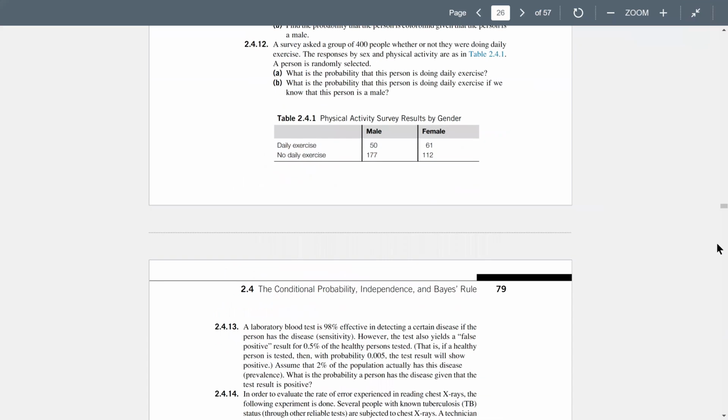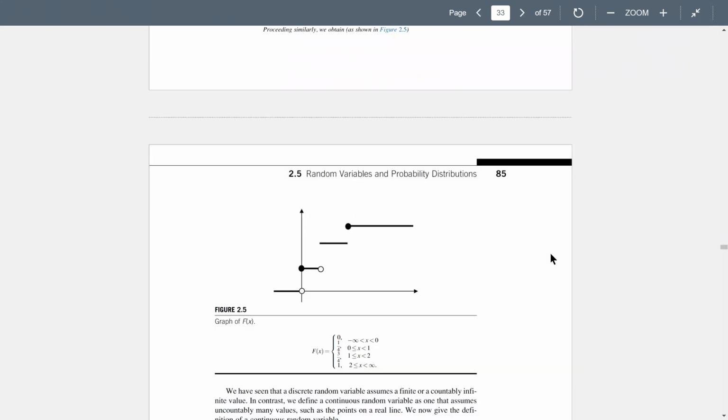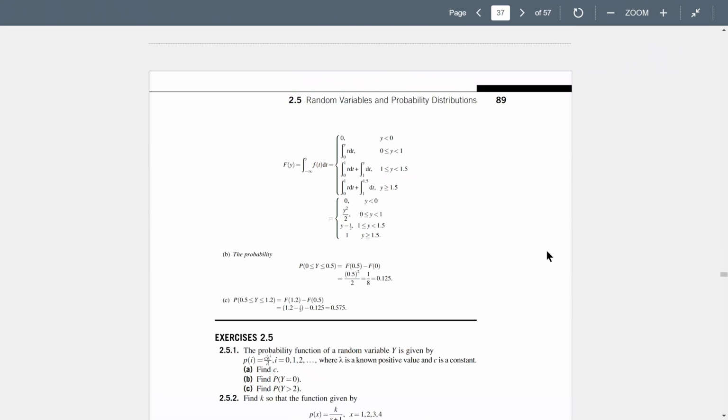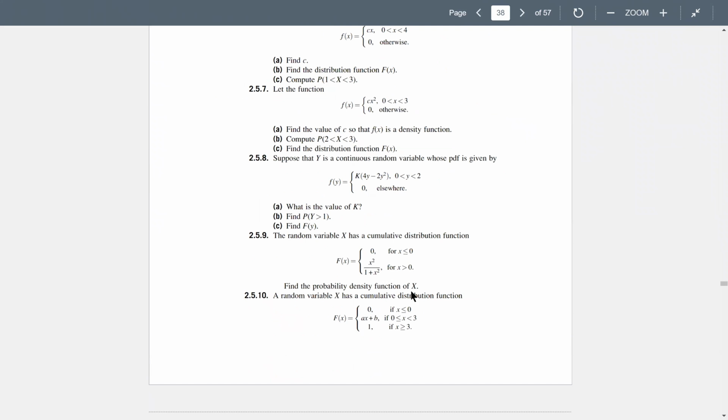Okay, 2.5.9. To find the probability density function, what will you do? How do you get the cumulative distribution function, capital F of x?